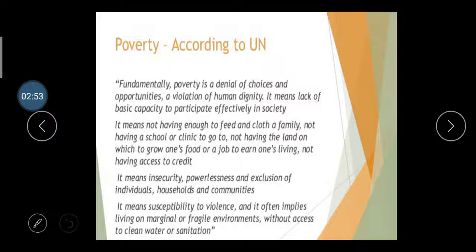It means being susceptible to violence, and it often implies living in a marginal and peripheral environment without access to clean water and sanitation.